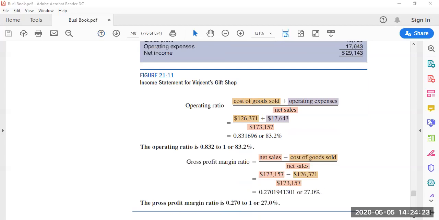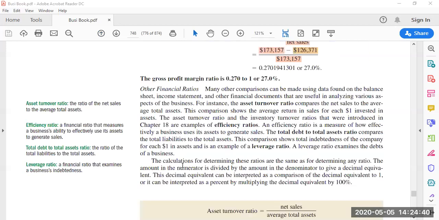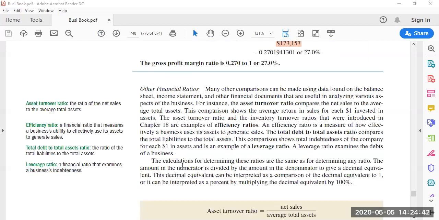So depending on the industry, this could be good or it might not be so good. We need to know what is the standard for this particular industry to really determine how good this number might be or how bad it is. Okay. Now there are other financial ratios that we could use.